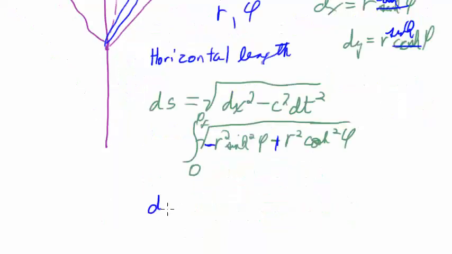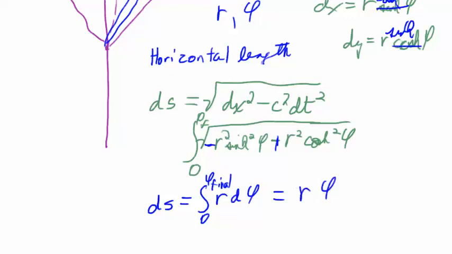So that means that our ds is going to be the integral of r d phi, as phi goes from 0 to phi final. R is not a function of phi, so it'll just be r phi.